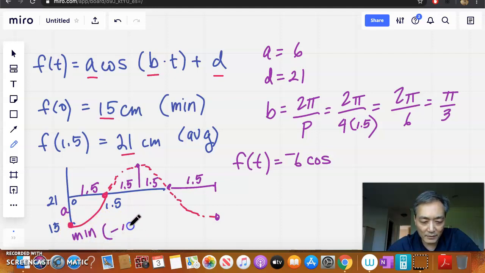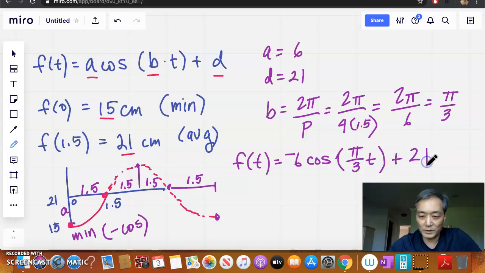So negative 6 cosine, and then we have B times t, where B is pi over 3, t, plus 21, which is our midline. I think that is our final answer.